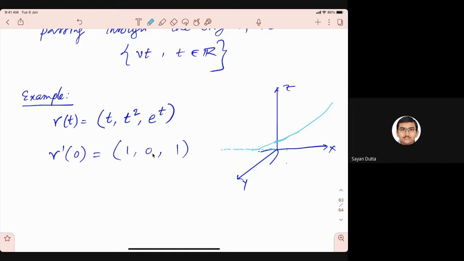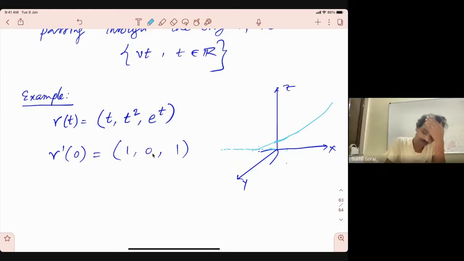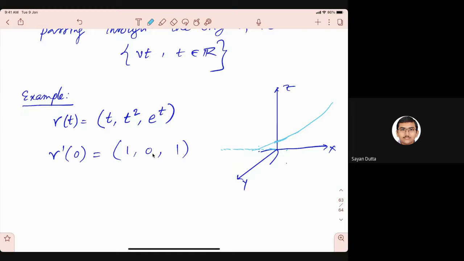That's what I meant, the structure that the curve takes on that plane.